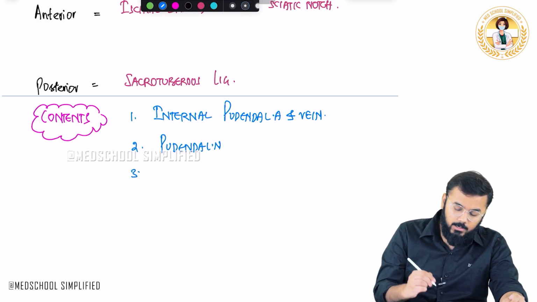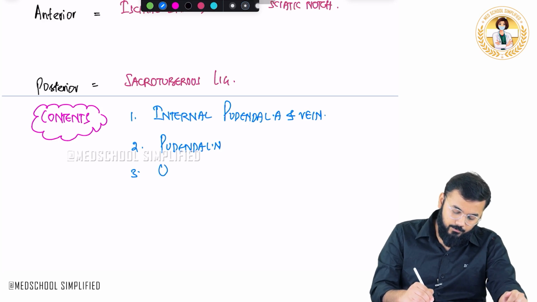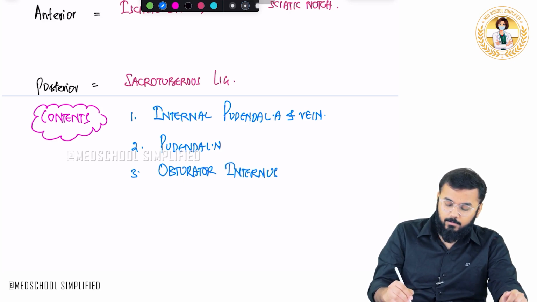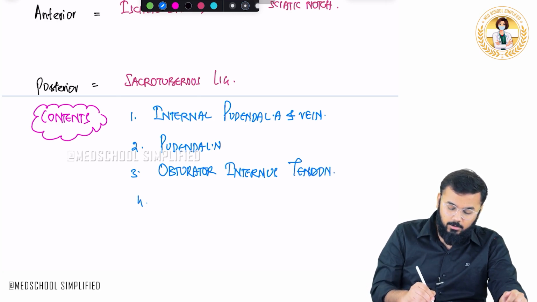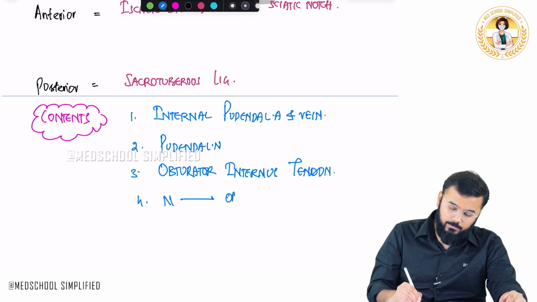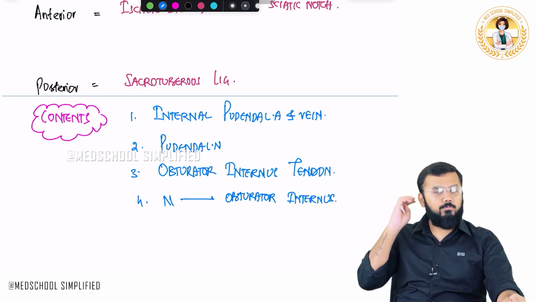The third important thing is your obturator internus tendon. And the fourth important thing is your nerve to obturator internus.